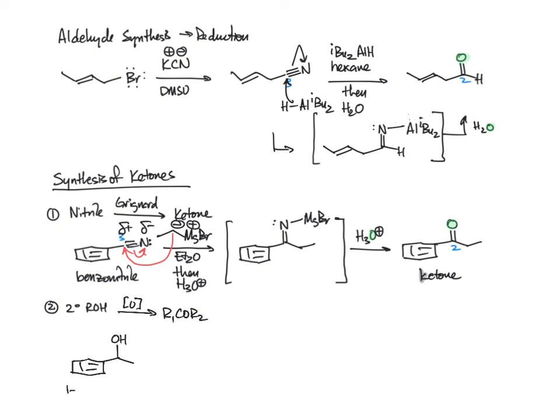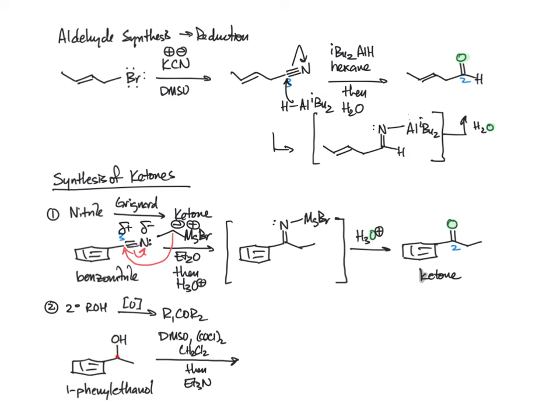So this molecule called 1-phenylethanol, as we saw before, with DMSO, oxalyl chloride, dichloromethane, then triethylamine. This oxidation, look, if we count, we have a secondary alcohol.